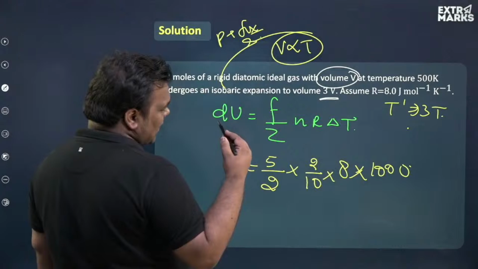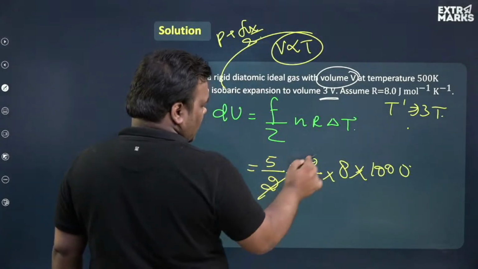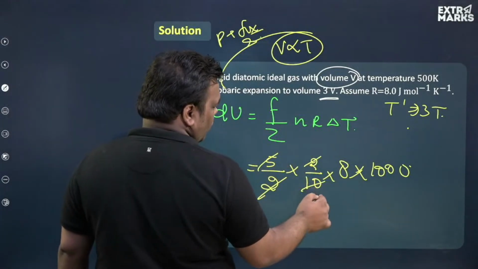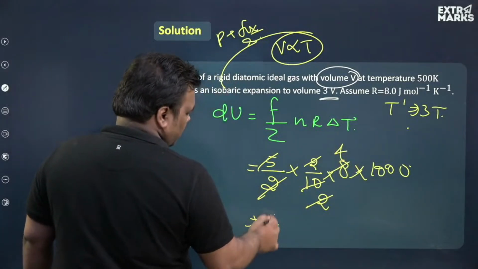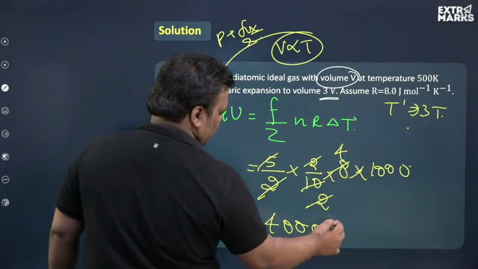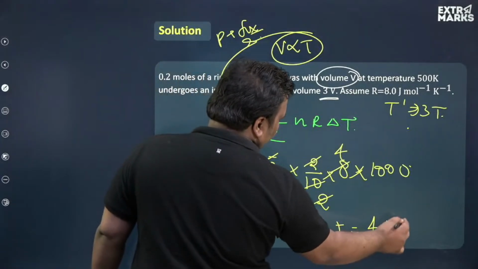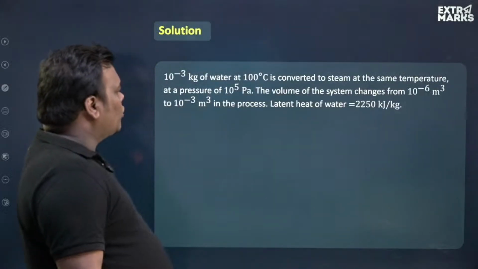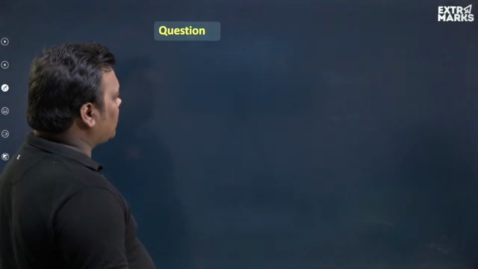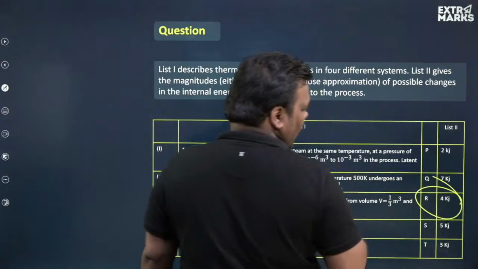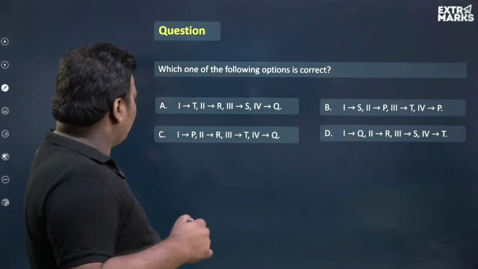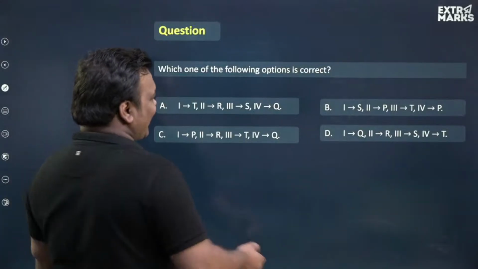Okay, what we can cancel out? 2 say 2, 5 to 2, 4000 joule. That means 4 kilojoule. Now 4 kilojoule is which option? 4 kilojoule is R option. If 4 kilojoule is R option, we can eliminate only one option.